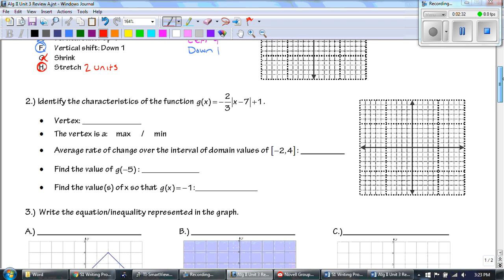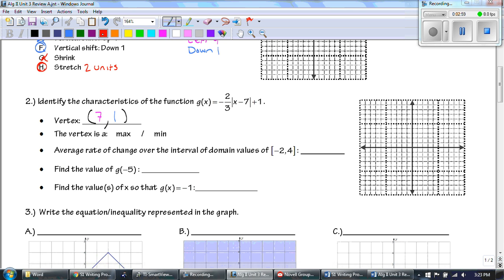All right, number 2. Identify the characteristics of the function g of x equals negative 2/3 times the absolute value of x minus 7 plus 1. So, vertex. Take the opposite of negative 7, which is 7, and the 1 stays the same.